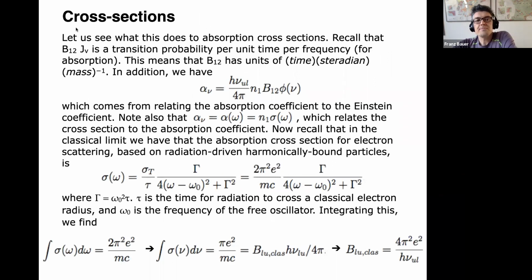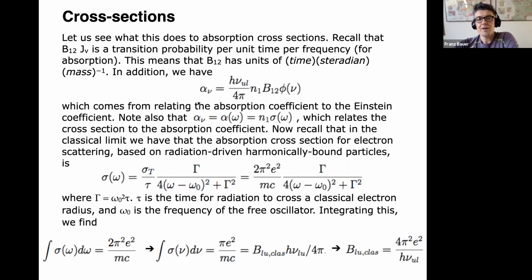We can think about these things in terms of going back to the Einstein coefficients now. If we have the absorption cross sections, they're going to be related to the statistical properties, the number of ions, the number of atoms, and so forth, the number of photons, and then they have a functional form which depends on the line profile.